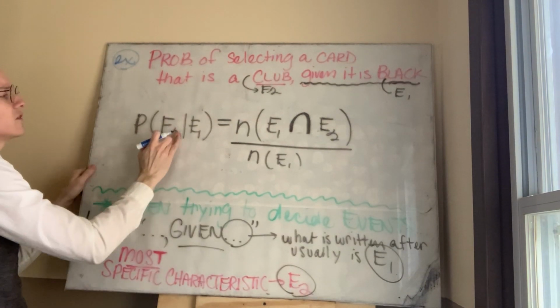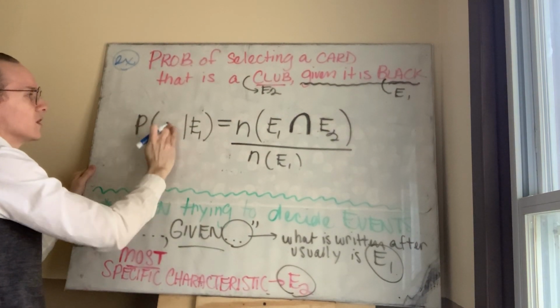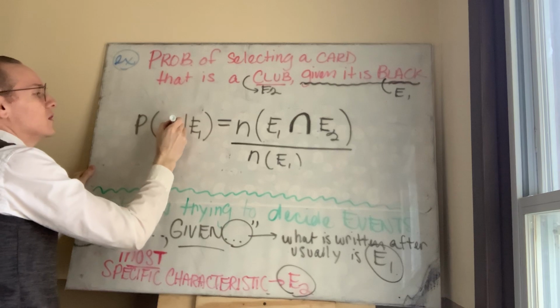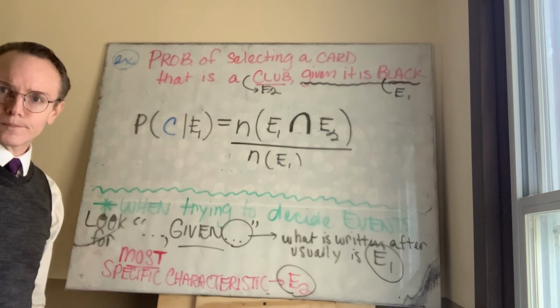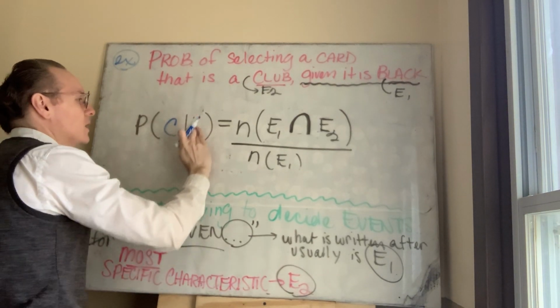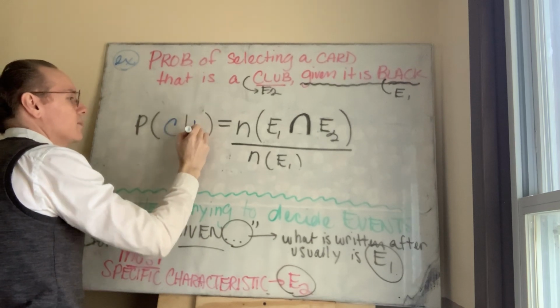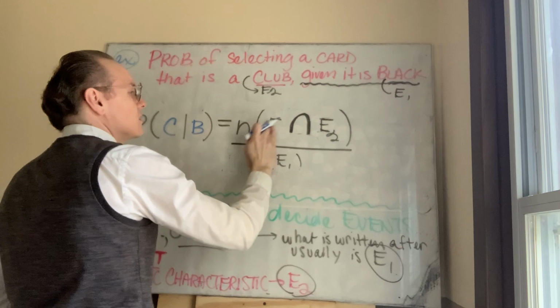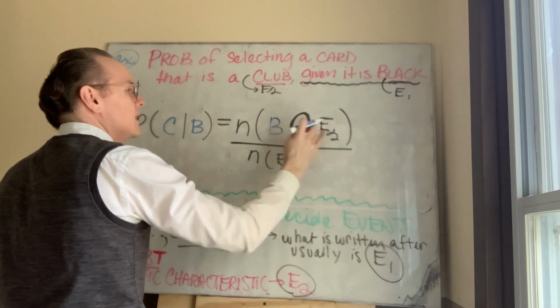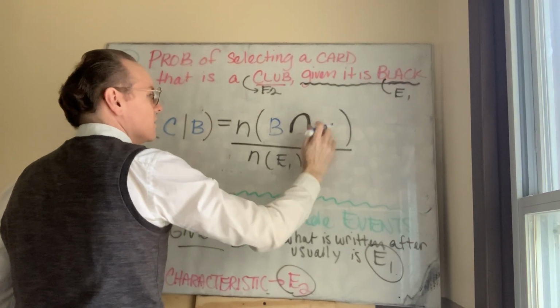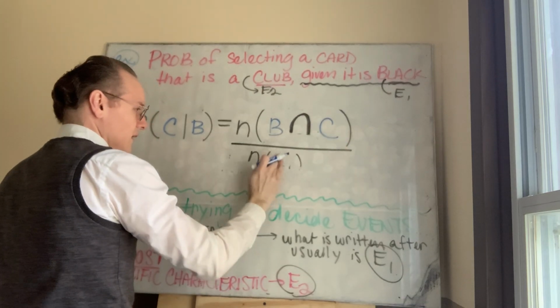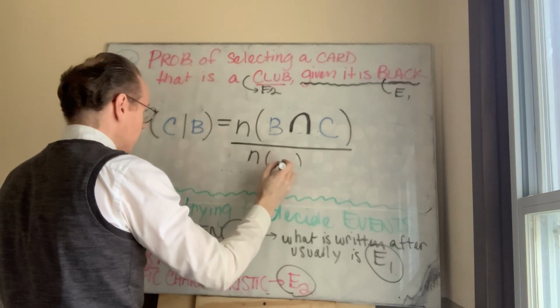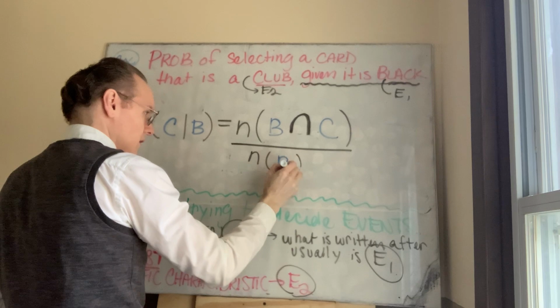In place of E2, since that is written in front here, I'm just going to put C for club. And in place of E1, I'm going to put B for black. So that means that this is B intersect C. And down here we just want B.